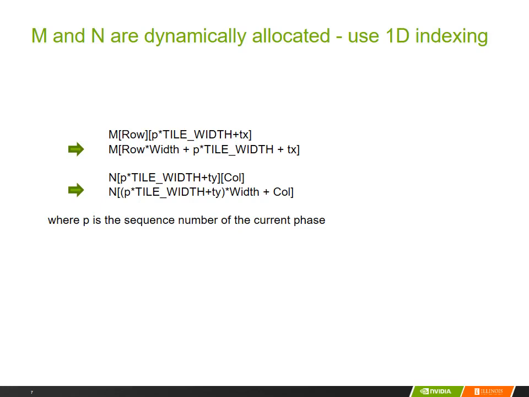So again, because it's a dynamically allocated array, we need to linearize the two-dimensional indexing into a one-dimensional linearized index by multiplying the row index by width and adding that to the column index. So here we have the final indexing for the element of N when we load the tiles.